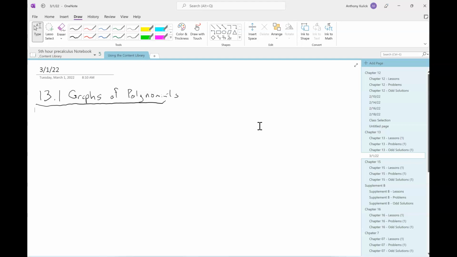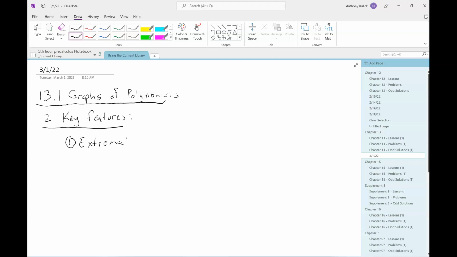Okay, so we're starting off talking about graphs of polynomials, and when we talk about the graph of a polynomial, typically we're interested in two key features. The first key feature we're going to talk about is extrema.